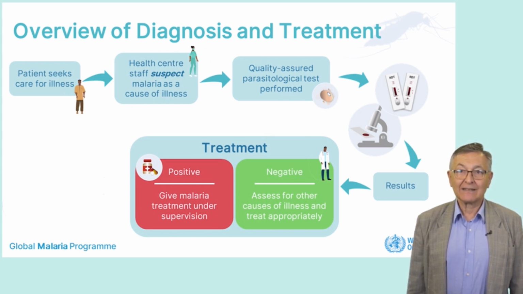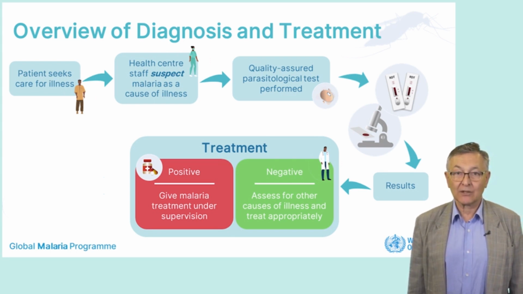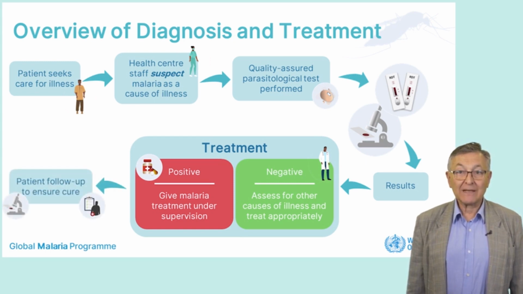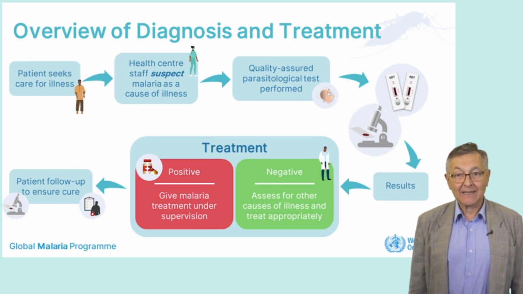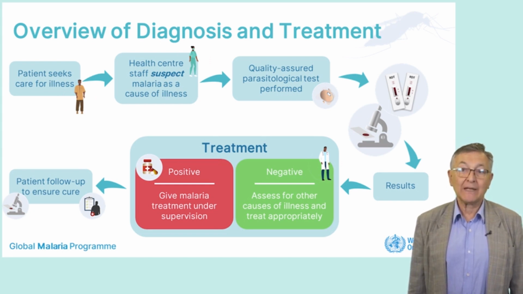If the test result is negative, the patient must be assessed for other causes of illness and treated appropriately for the other causes. Patients who test negative should not be given anti-malaria medicine. Arrangements must be made to see the patients who test positive for malaria at predefined intervals. These are at minimum on day 28 or day 42, depending on the drug, and at least 3 months for Plasmodium vivax to identify potential relapses.